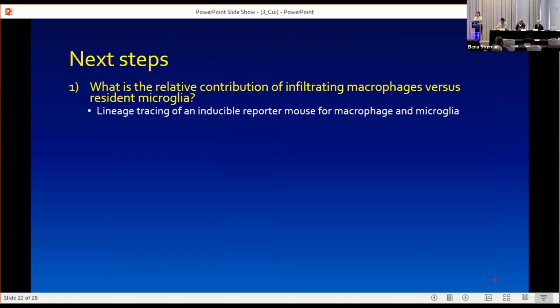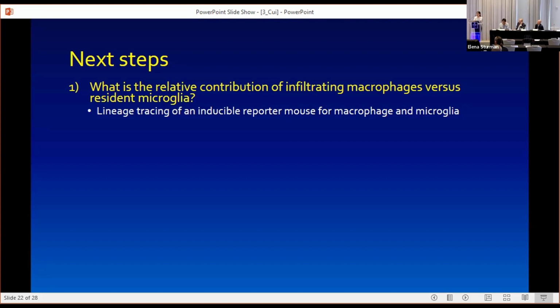So partially based on our results here, here are some of the next steps we're thinking of pursuing as part of the R01. Number one, what is the relative contribution of infiltrating macrophages versus resident microglia? As we know, once these macrophages extravasate into the local tissue, their expression profiles almost immediately start to change.